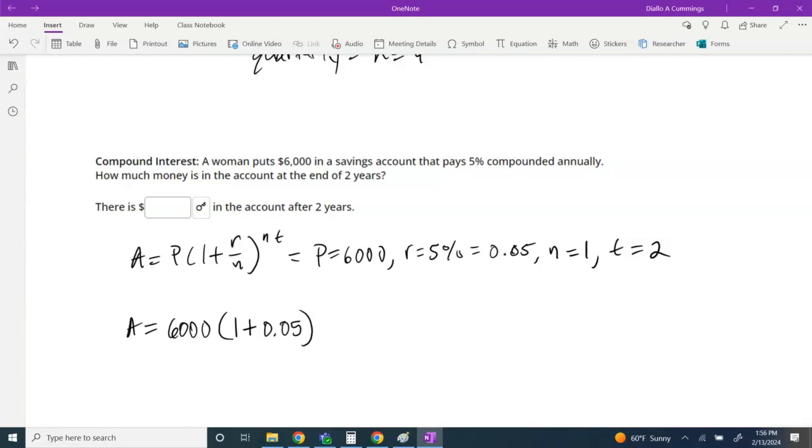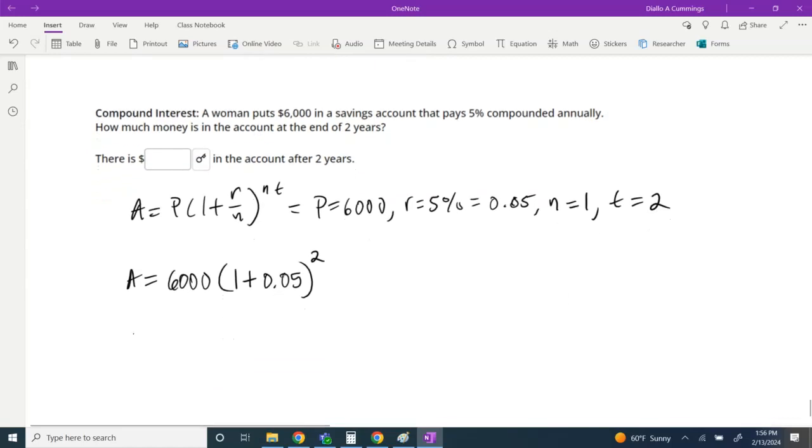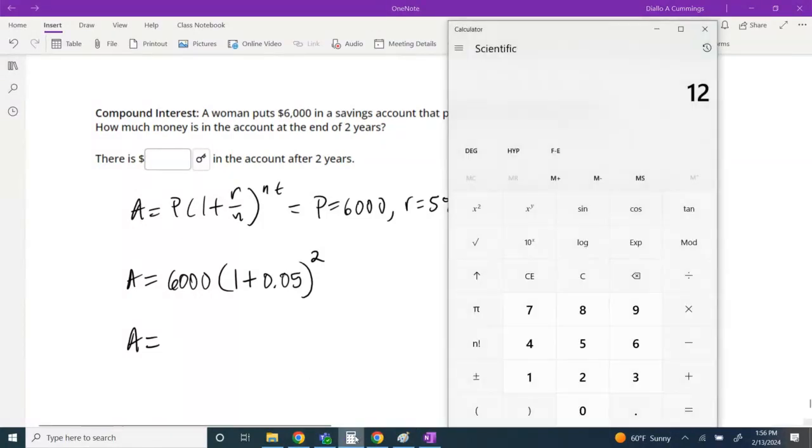We have to raise that to the N times T power. So notice that N is 1, T is 2. So 1 times 2 is 2. Right, so this is going to give us the amount in the account after 2 years. So I'm going to put that into the calculator.